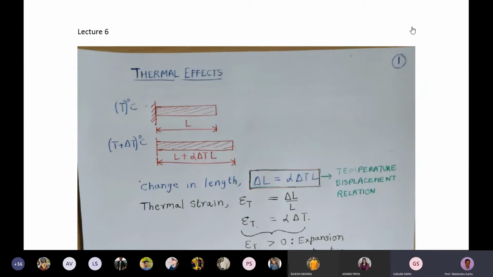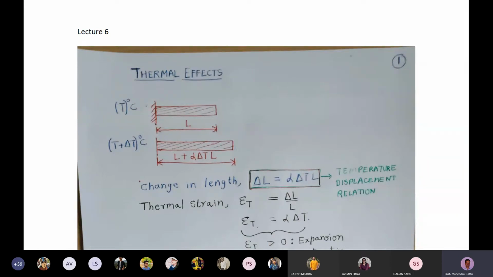Yeah, fine. So I was telling about the last class where we did some analysis of indeterminate structures. First was a prismatic bar which was fixed at both ends, and an intermediate load was acting at the center, and we found the reactions. We used another technique which involved splitting the problem into two statically determinate problems.